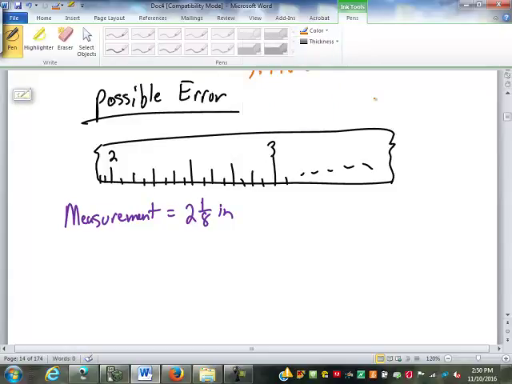Now again, we don't know the actual value. If we knew the actual length, we wouldn't need to measure it. But what is the possible error in this ruler?